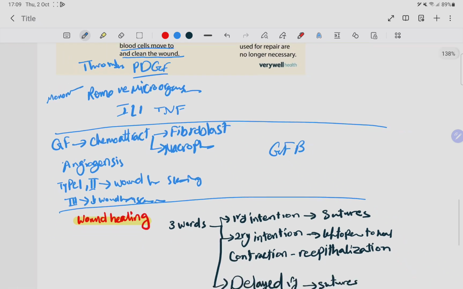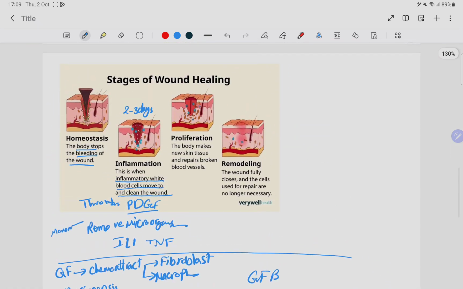Okay, let's talk about the second phase, which is the proliferation. The proliferation starts from day 2 and lasts for 3 to 4 weeks, and proliferation overlaps with inflammation.